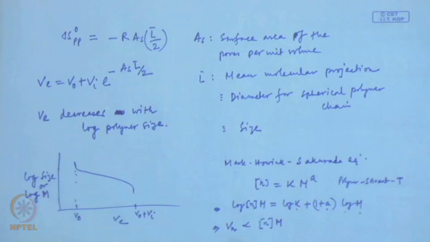So, from this discussion we can understand that a plot of log M versus elution volume should give a linear relationship, and V_E should decrease with increase in log M. This is what is found in practice when we inject different molecular weight samples in the GPC column.